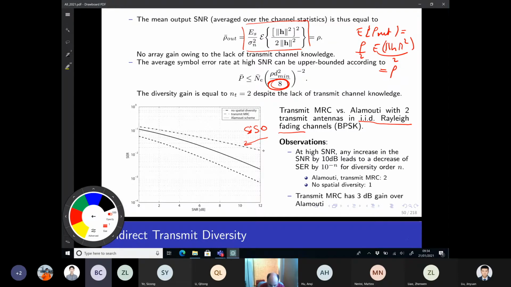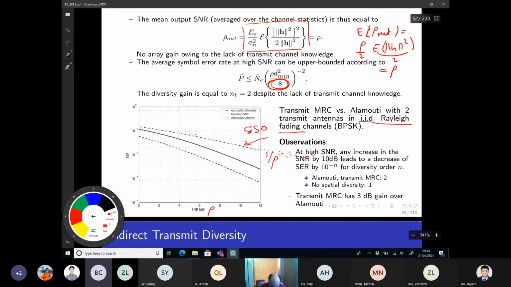So at high SNR, the decay will be at 1 over rho. This is your SNR, this is our rho. So if I increase by 10 dB, by a factor of 10 in rho, my error rate will decrease by a factor of 10. And you can see it roughly if I draw a straight line here.